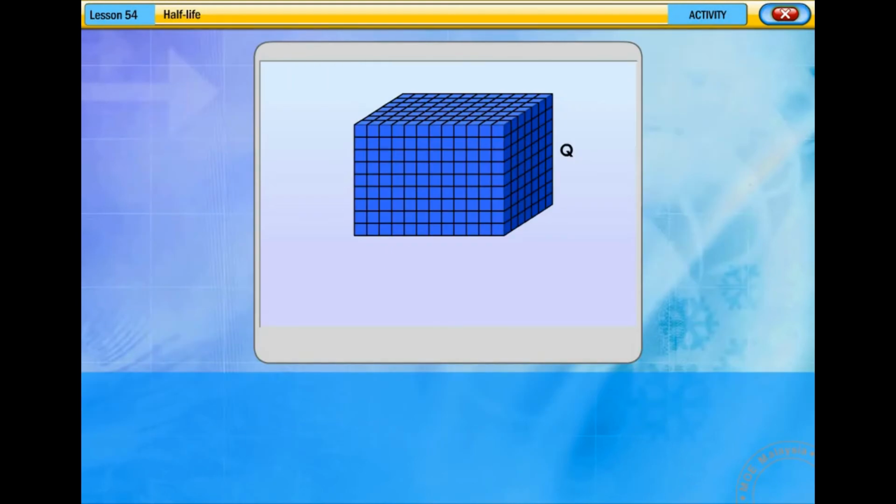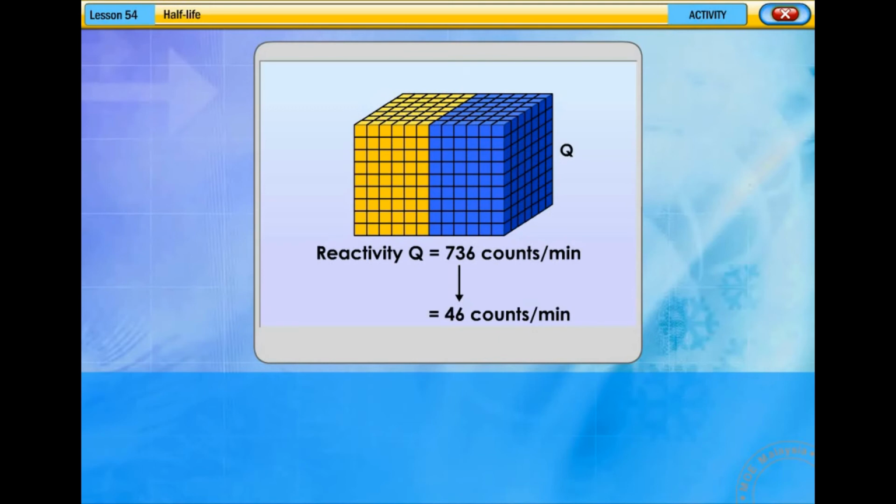The decay of a radioactive substance Q starts at 736 counts per minute and ends at 46 counts per minute in 32 days.